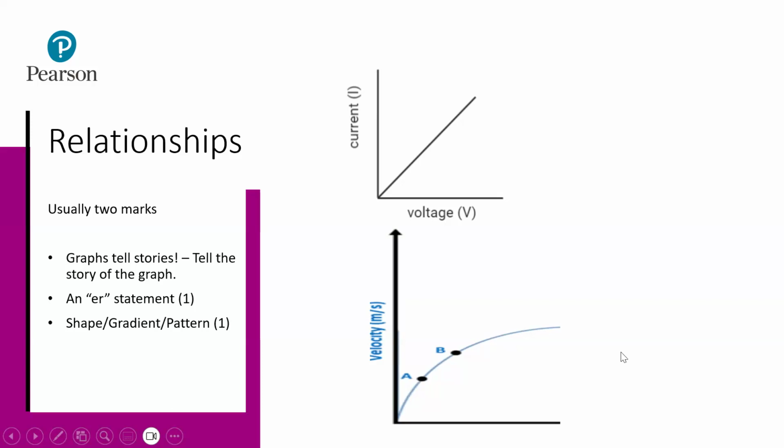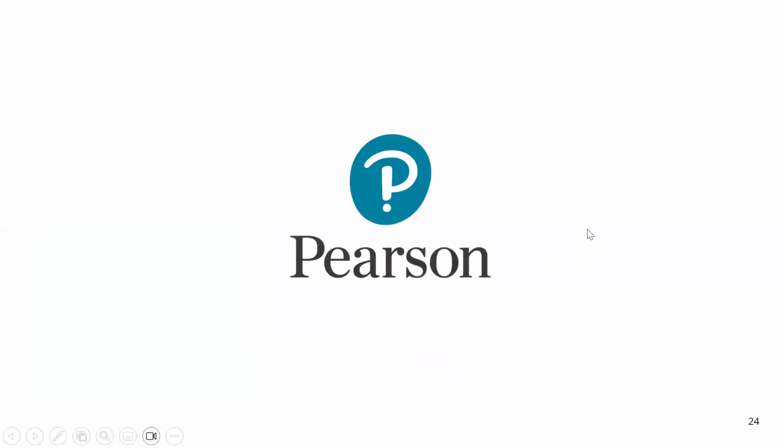If the graph's more complicated, there's no harm in splitting it into sections and telling us what's happening in each section. So in this case, they could say the velocity increases with time if the bottom axis was time, but then for the second mark, I'd like them to talk about a decreasing gradient or something like that, or even if they said it's not a straight line, it's a curve, they're showing me they recognize something about that graph and about that relationship.